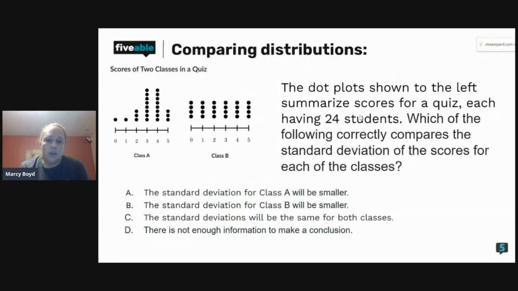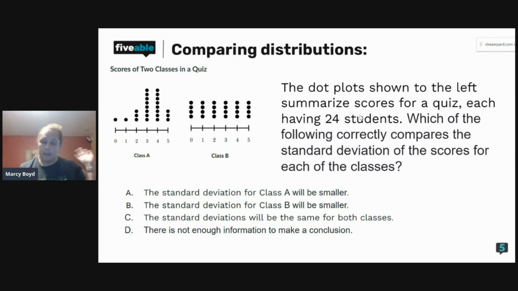Okay, so this one was maybe a little stress causing for some of my students because they don't have the formula memorized for standard deviation, right? Some of my students would try to put in all those scores, which is fine. If I'm looking at class A, one student got a 0, one student got a 1.